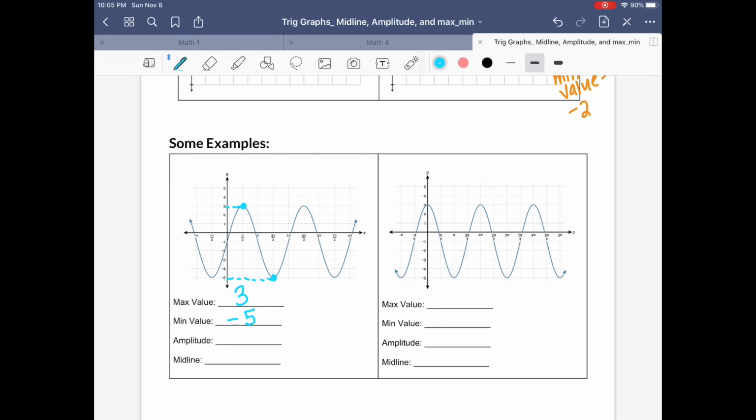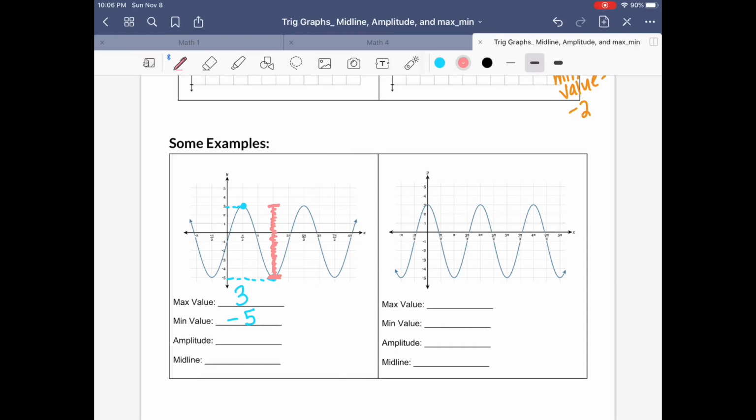Now my amplitude. It's easier to figure out the amplitude if you're thinking about the distance from top to bottom. So if I'm talking about the distance from -5 to +3, we have 1 unit, 2 units, 3 units, 4 units, 5, 6, 7, 8. So 8 units.